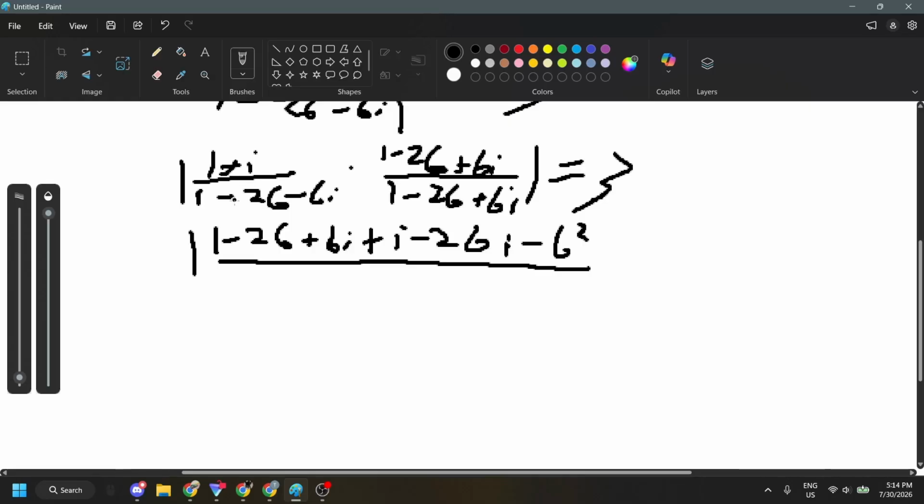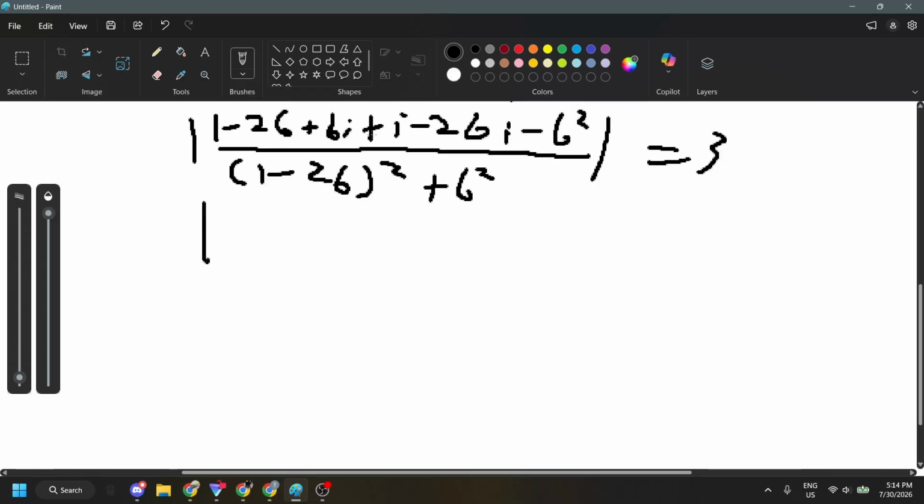So we have 1 minus 2b squared, because it's this times this, and then plus this times this minus this times this, so those cancel out. Then we get plus b squared.